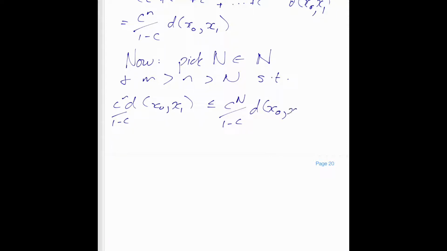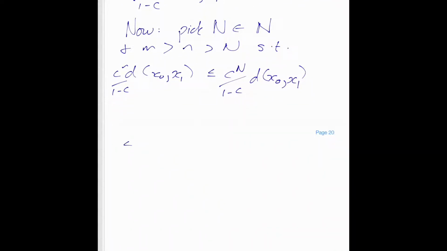And that's because c is less than 1, remember, and little n is larger than capital N. And this is all less than epsilon for any epsilon, so the sequence is Cauchy.